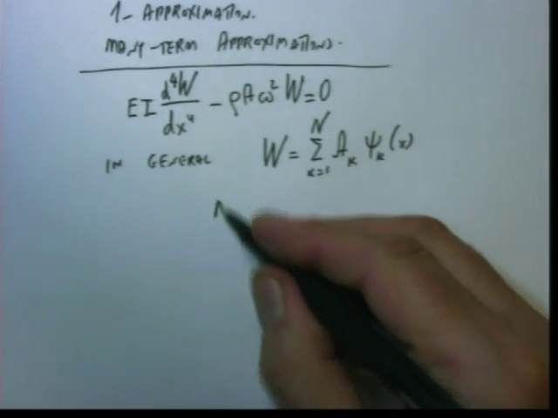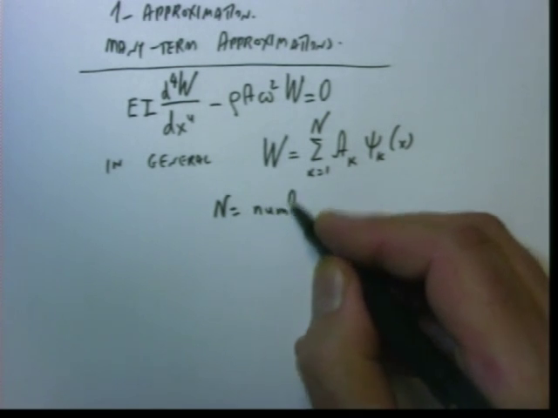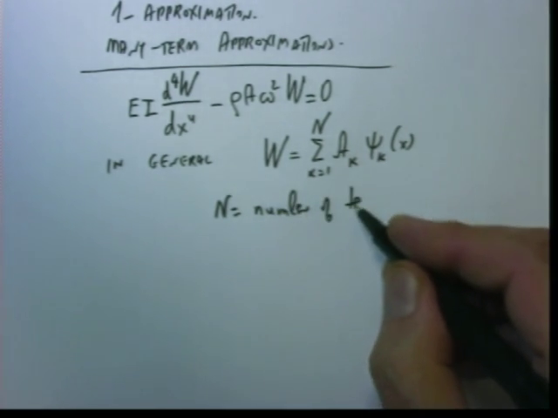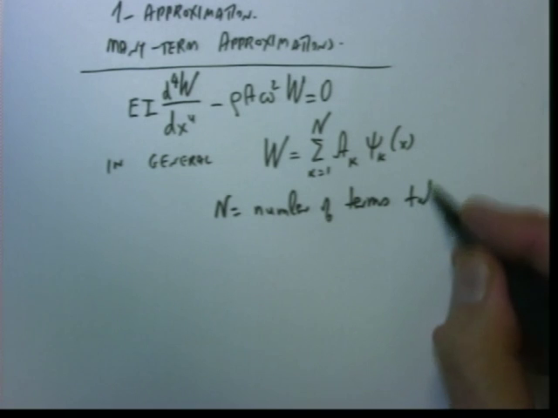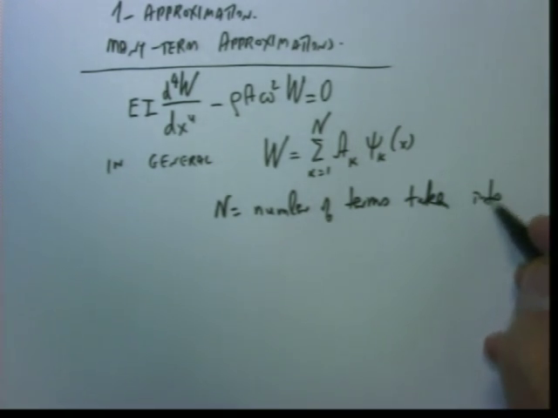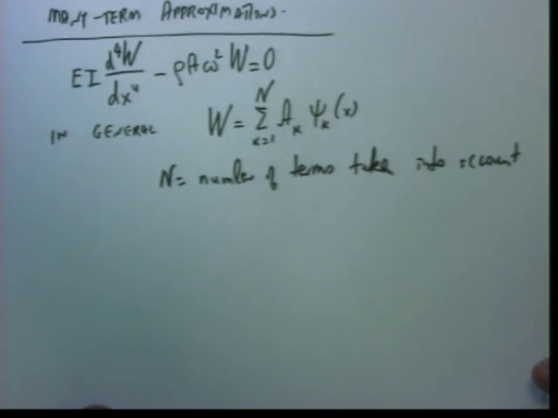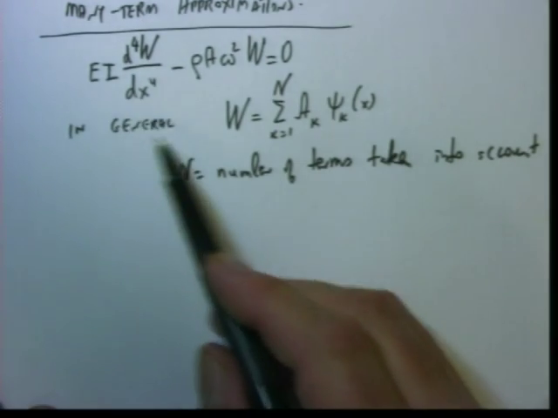Now n is number of terms taken into account. So it can be 10 or 20 or 2 or 1, etc. Then we substitute this here.